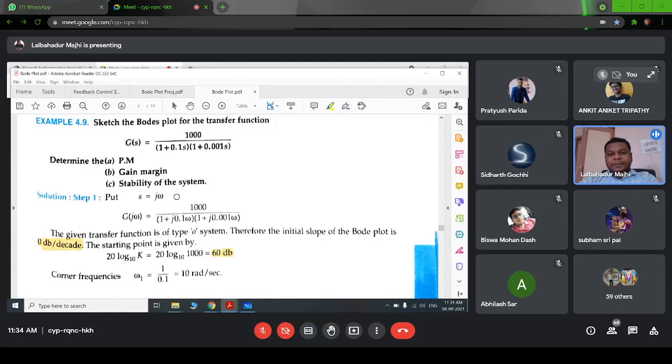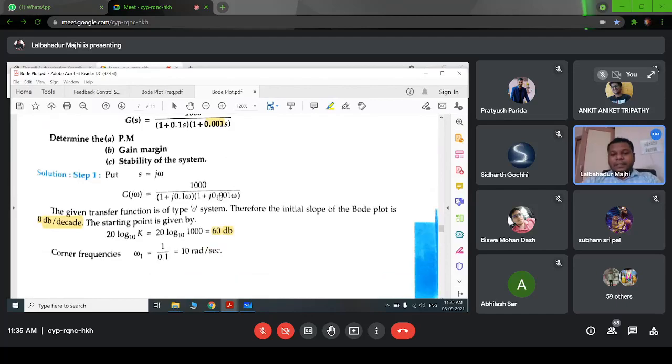Then the next step is to identify the corner frequencies. So we have two poles, so we will have two corner frequencies. So omega 1 will be 1 by the time constant, so 1 by 0.1, which is 10 radian per second, and the second corner frequency omega 2 is 1 by 0.001, which will be equal to 1000 radian per second.